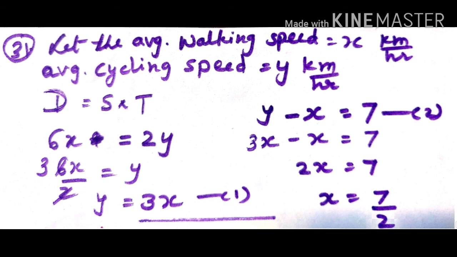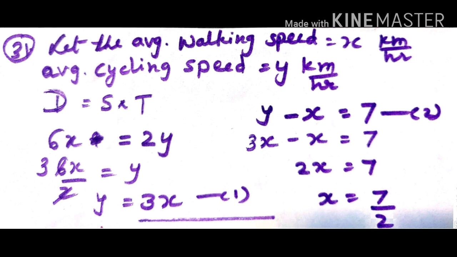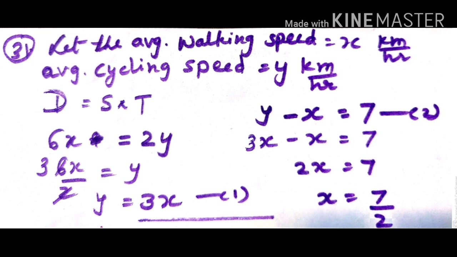Now you have to read further in your question for your second equation, in which it is written that the average cycling speed is 7 km per hour faster than his average walking speed. It means his cycle speed y is more than his walking speed by 7 km. It means y minus x is equal to 7. This is our equation number 2. Now here I will use the substitution method.